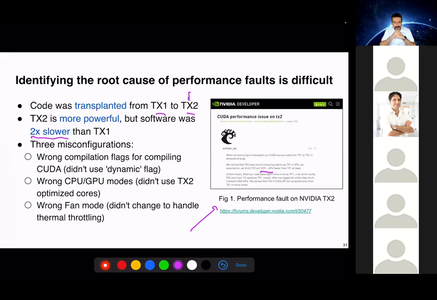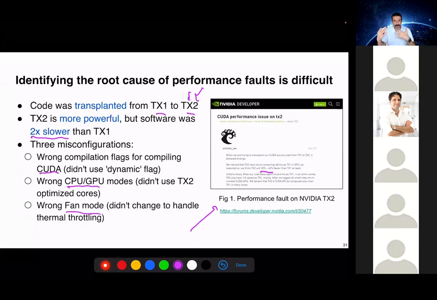After looking into some detail, they found out that they needed to change the configuration of the system, right? Specifically in the target hardware, there was some misconfiguration. Some of the CUDA options, some of the GPU, CPU mode options, and some fan mode options were set incorrectly.